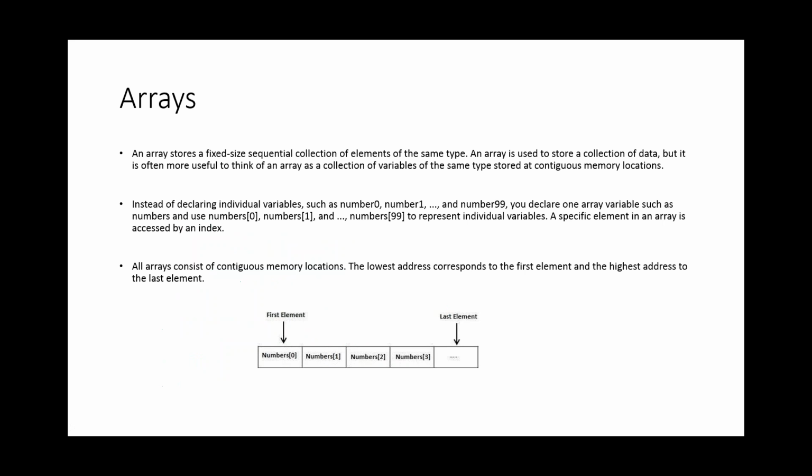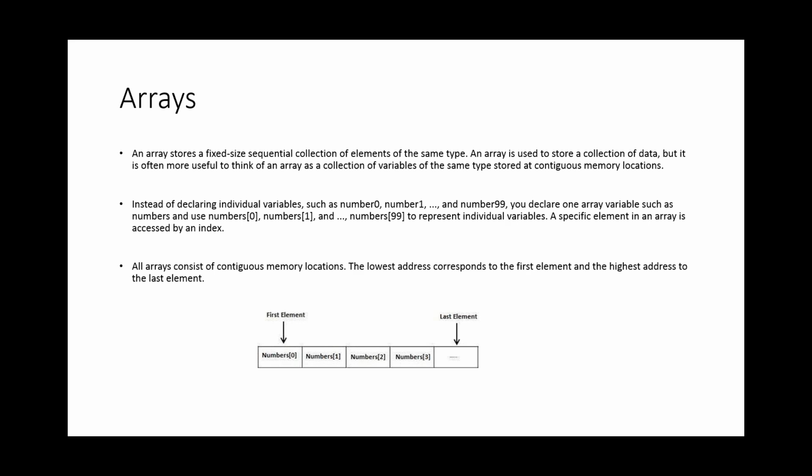So finally we have arrays. Arrays store a fixed-size sequential collection of elements of the same type. An array is used to store a collection of data, but it is often more useful to think of an array as a collection of variables of the same type stored at contiguous memory locations. Instead of declaring individual variables such as number0, number1, number2, number3 up to number99, you can simply declare an array and store the numbers in it.